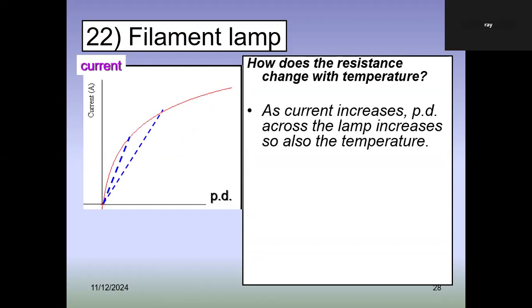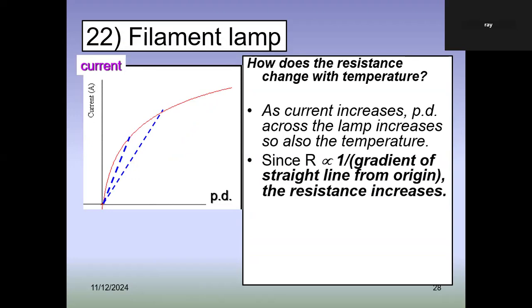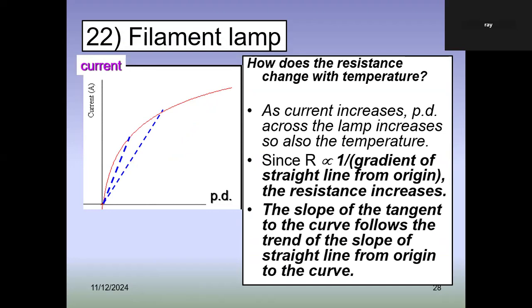As current increases, PD across the lamp increases so the temperature increases. So R is 1 over the gradient of the straight line from the origin. The resistance increases.